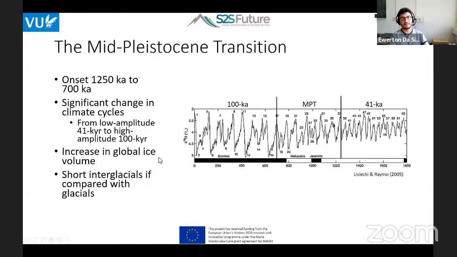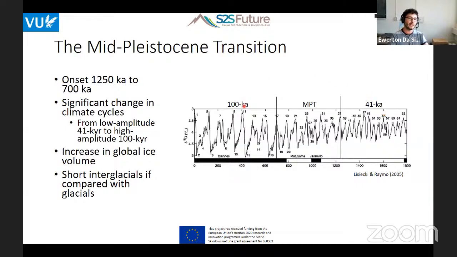But what exactly is the mid-Pleistocene transition? So very briefly, this was a global climatic event that took place around 1250 K and persisted until 700 K. In this transition, significant changes in the climate cycle happened. Before the transition, we had mostly symmetrical, low amplitude, 41,000 years climatic cycle.